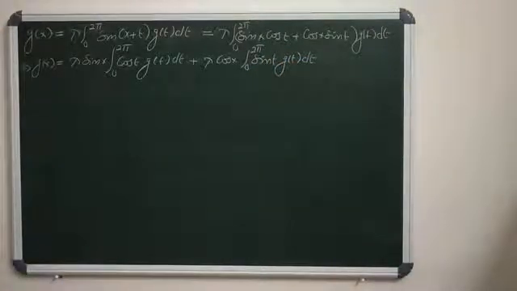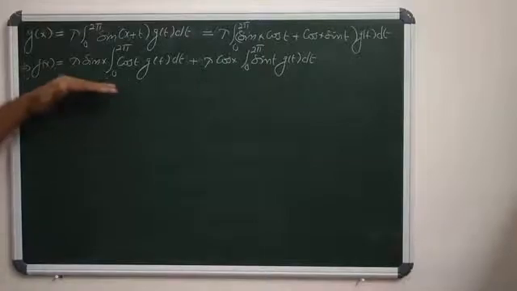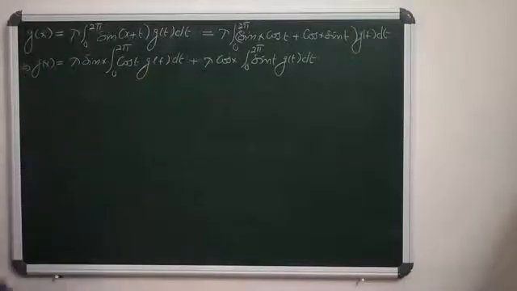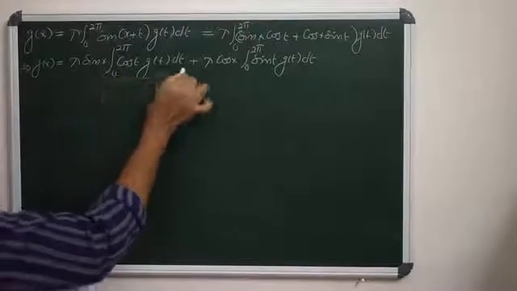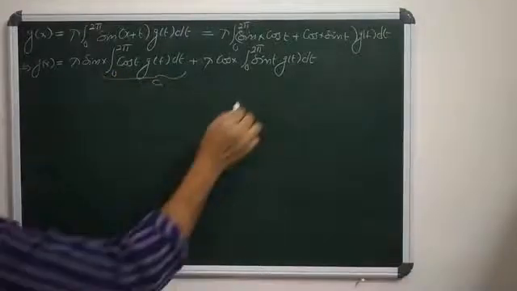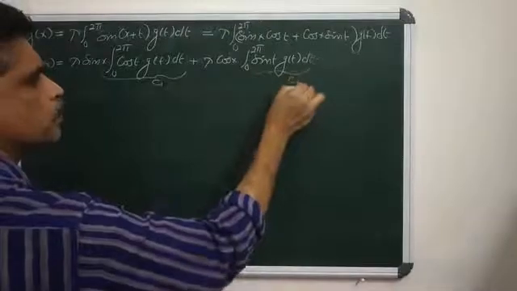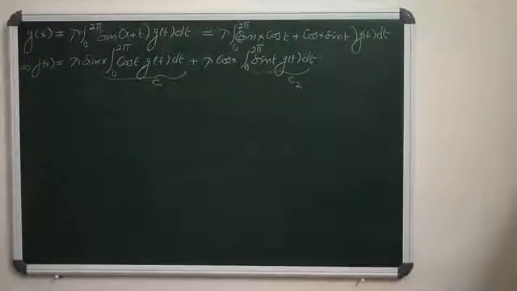Let C1 be the integral from 0 to 2 pi of cos t g of t dt, and let C2 be the integral from 0 to 2 pi of sin t g of t dt.